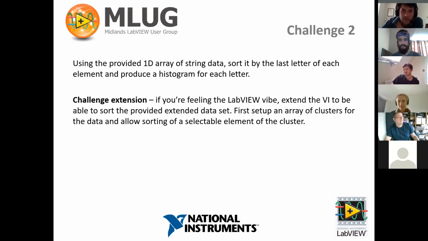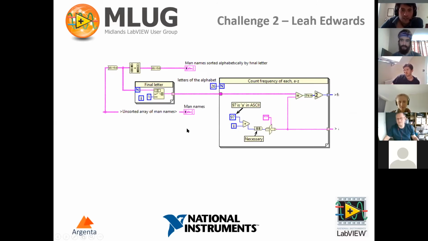Obviously that doesn't apply to the histogram, but if you've got a table or something that you can display the data in, being able to select how that data is sorted, whether it's by the first, second, third column or whatever.